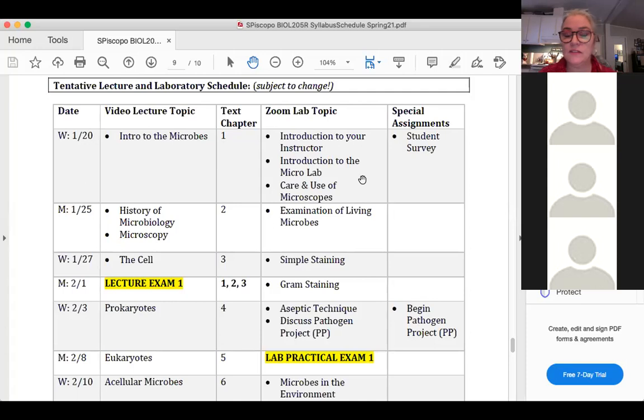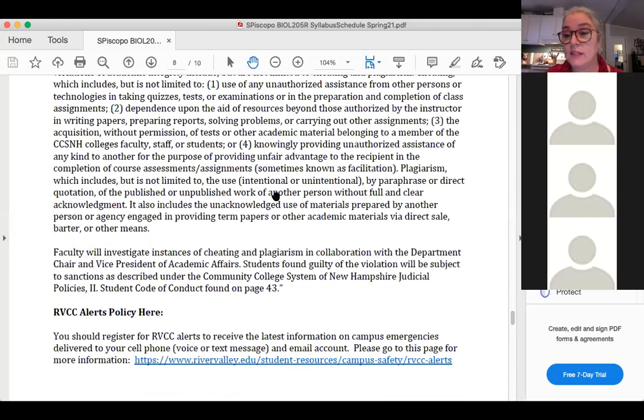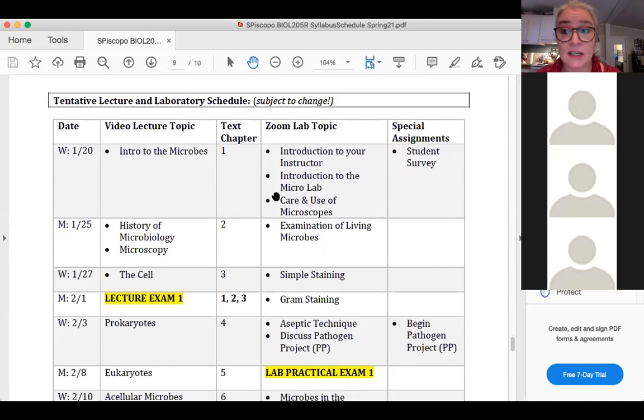So right here, I'm pulling up the last page or the second to last page of the syllabus. So the information about the course is in the early parts. And then if you go to the very back, that's where the tentative schedule is. So it's organized by Mondays and Wednesdays, but remember, we're working generally by week in this course.